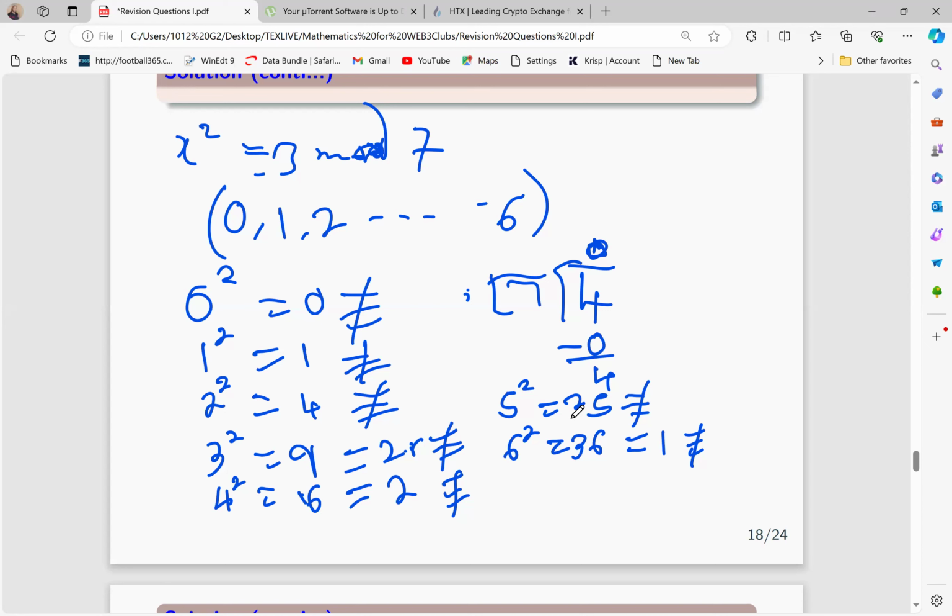Supposing you tell the program, just the same way he said, that he wants to test. That is, find the squares of 0 to 6 mod 7.